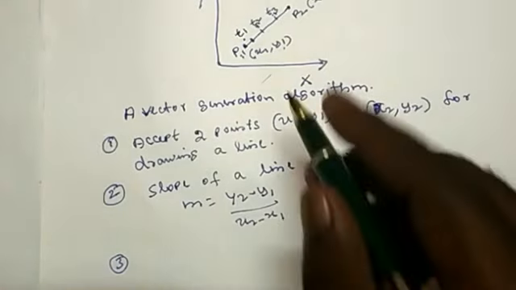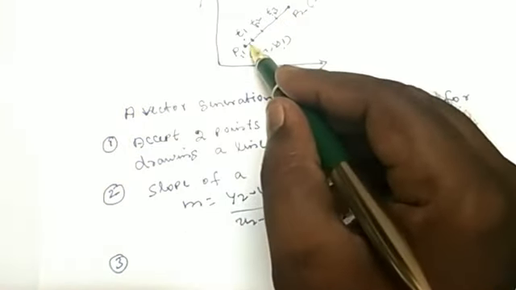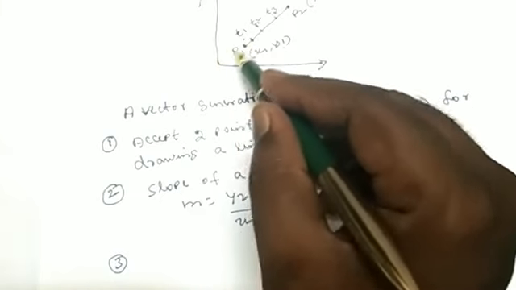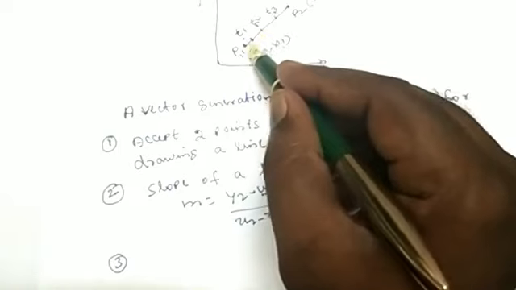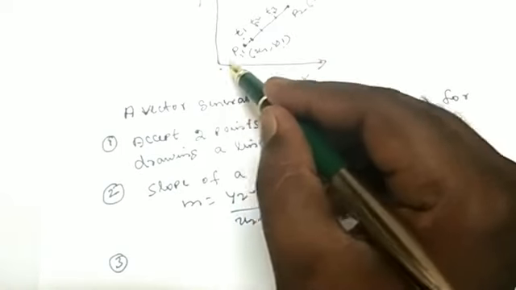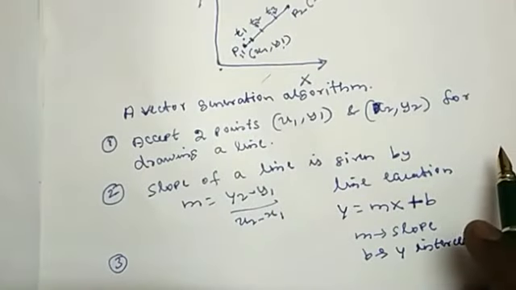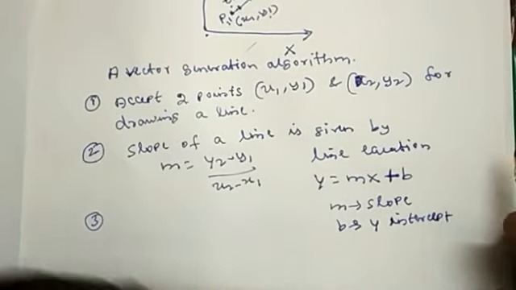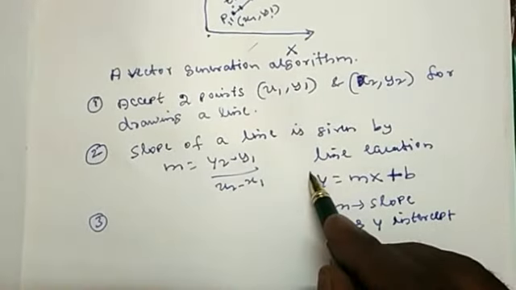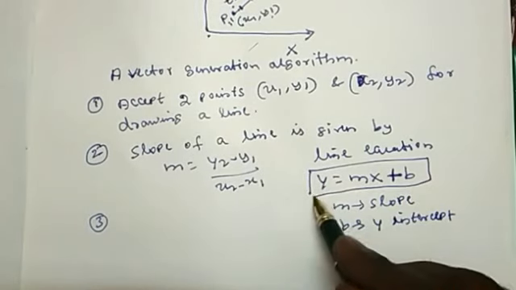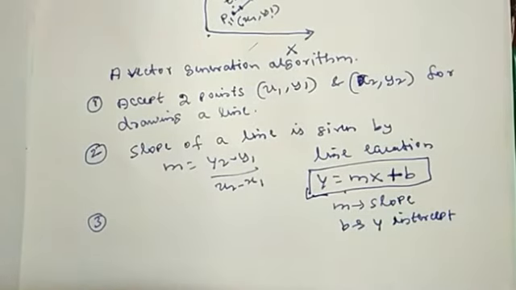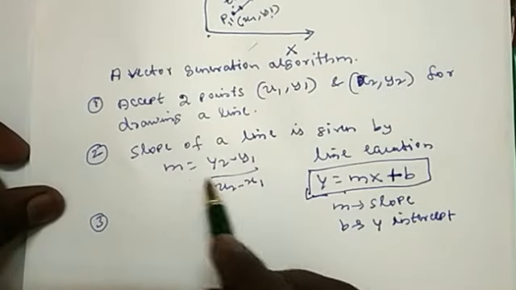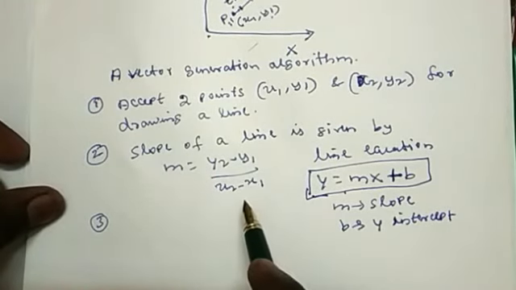What is the y-intercept? When you take this line, if it intersects the y axis, it is called the y-intercept. If it intersects the x axis, it is called the x-intercept. This is called a line equation. Now you can compute m equal to y2 minus y1 by x2 minus x1.